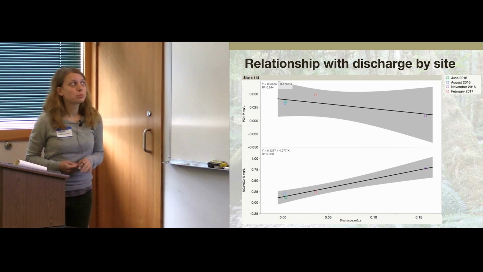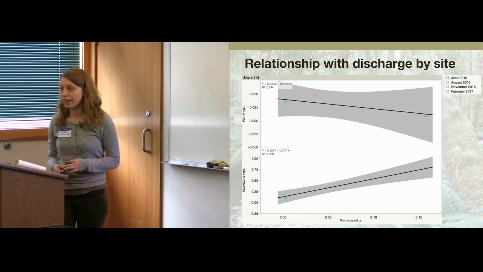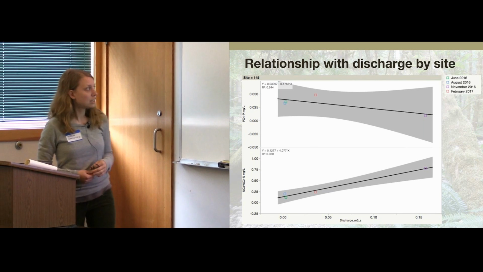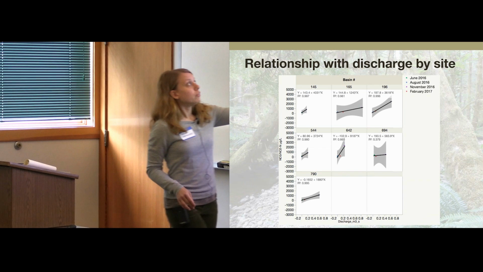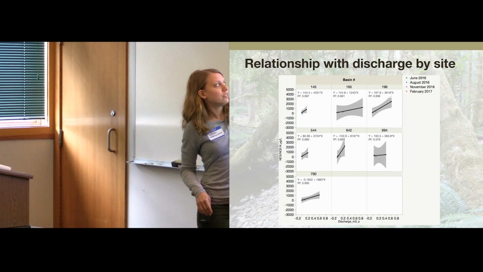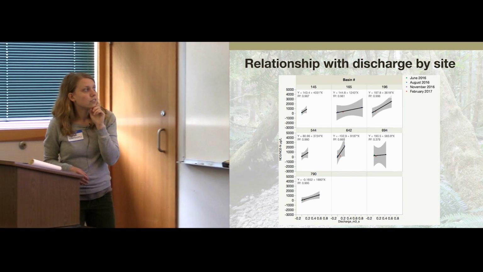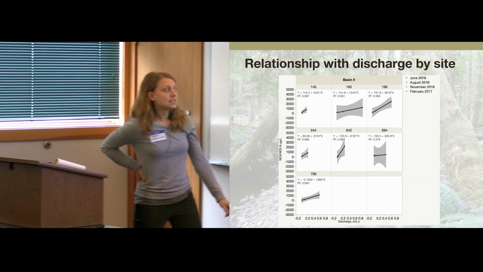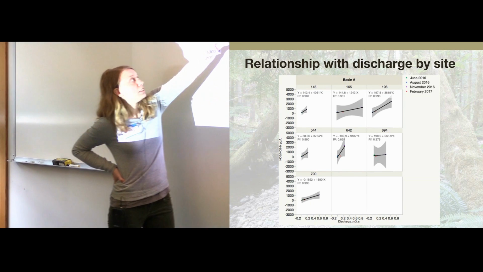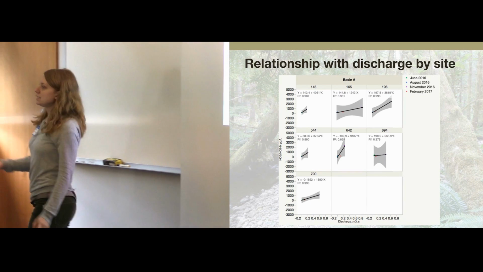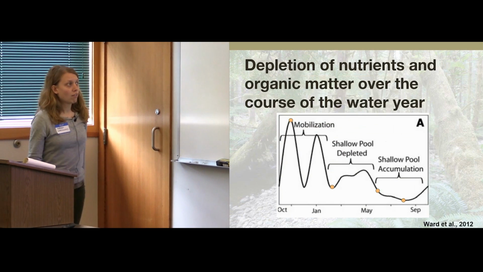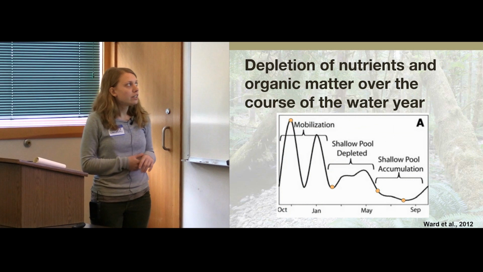Phosphate, not so much, but still the relationship gets stronger as you look at individual sites. And so nitrate specifically, so this is again nitrate concentration and discharge, and here's a subset of some of the sites. We are seeing pretty strong correlations everywhere, which is consistent with what we were expecting.